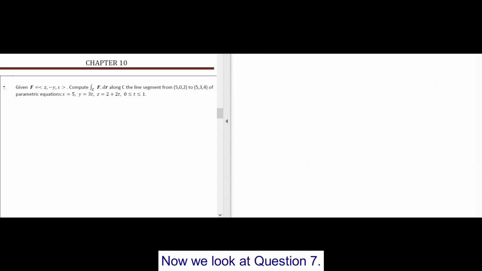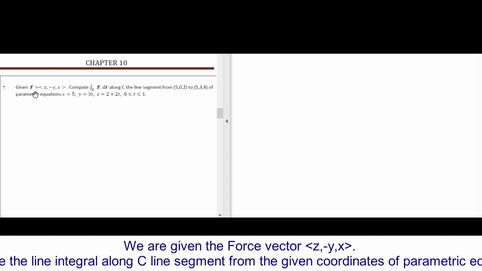Now we look at question 7. We are given the force vector (z, negative y, x). Compute the line integral along C, the line segment from the given coordinates, with parametric equations.